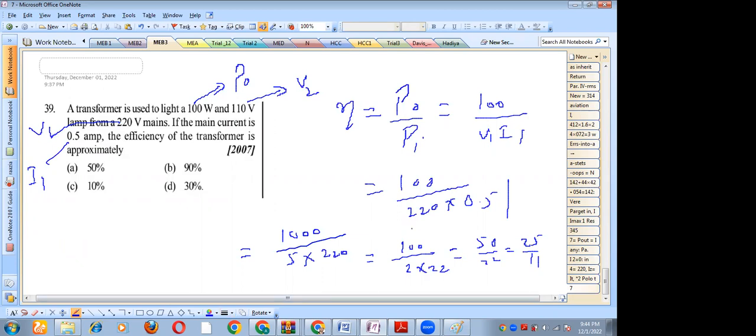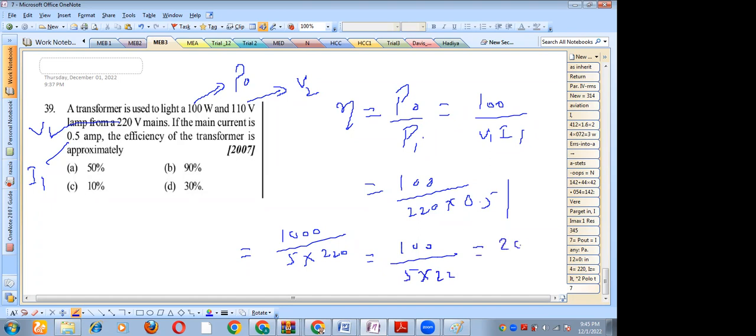Let us check the calculation. Sorry, there is a mistake in calculation here. Efficiency cannot be greater than 1, right? So it should be 100 by 5 into 22.